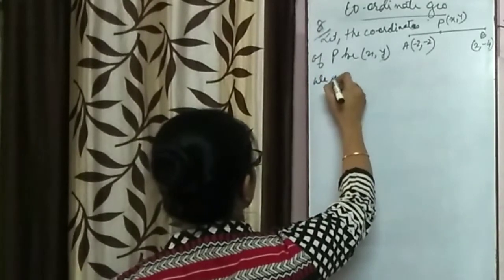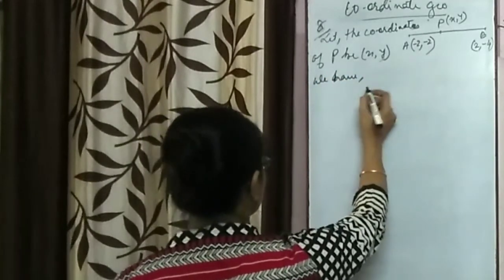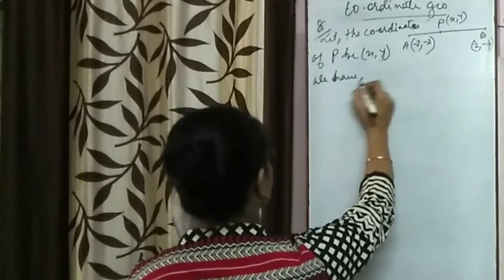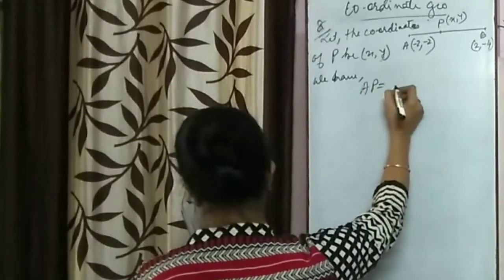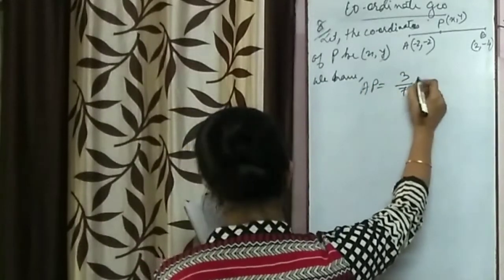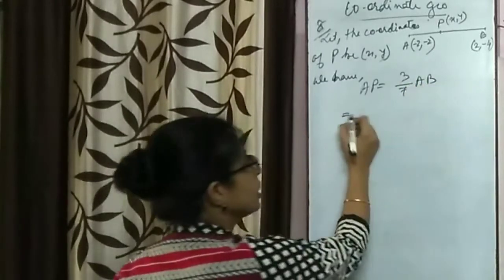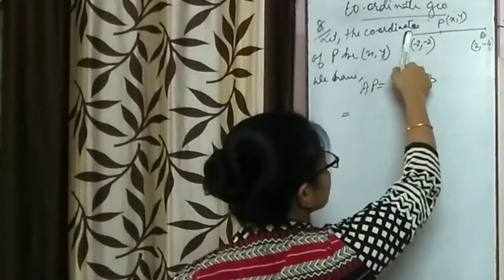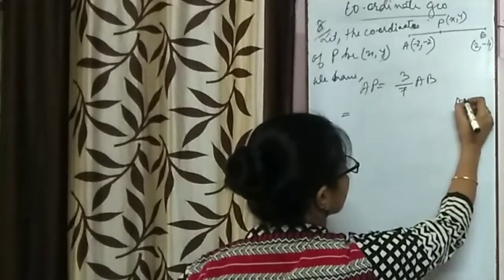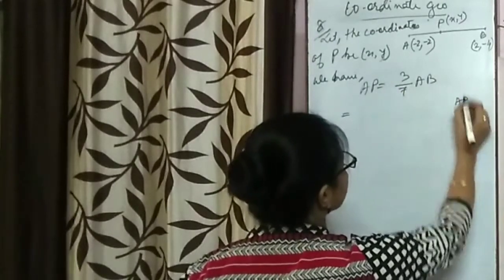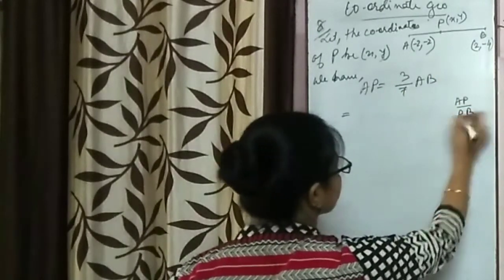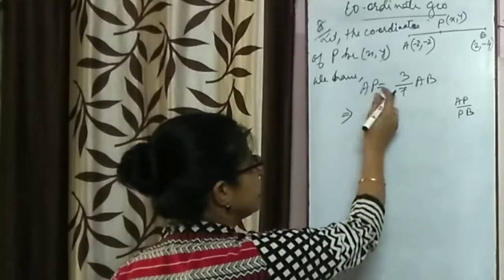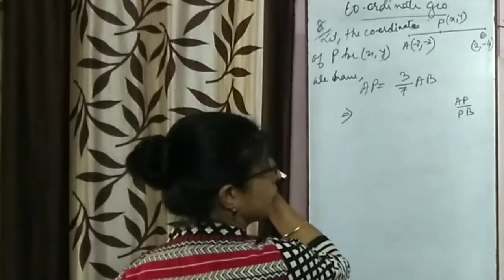Now what do we have? The condition. What is the condition? AP is equal to 3 by 7 AB. Now for getting the ratio, at least we need AP by PB. Let's check whether we get it or not.